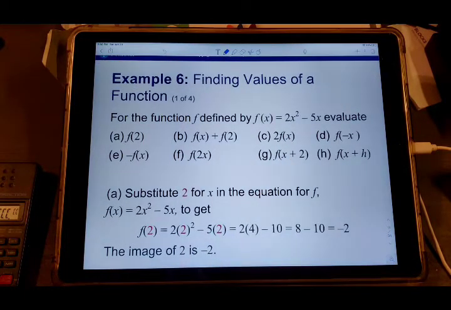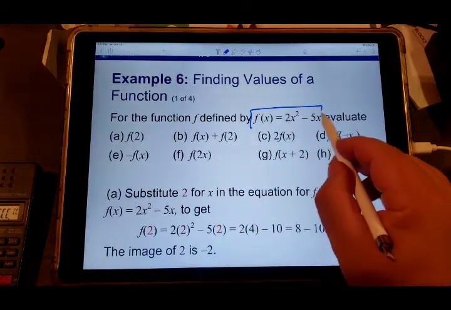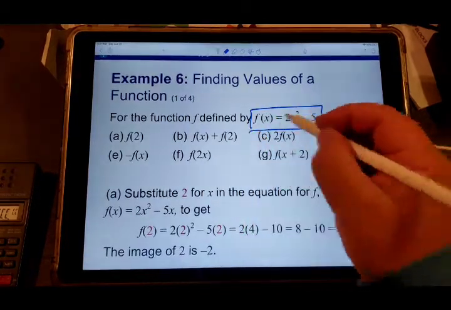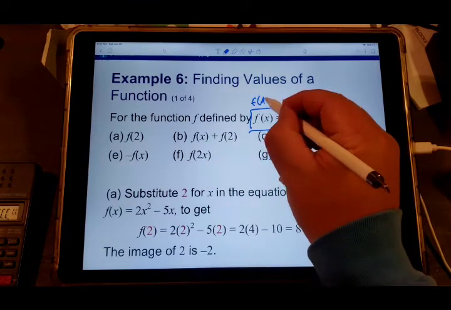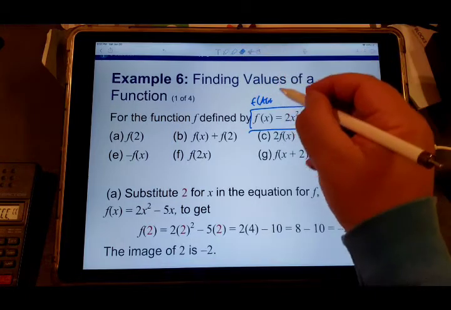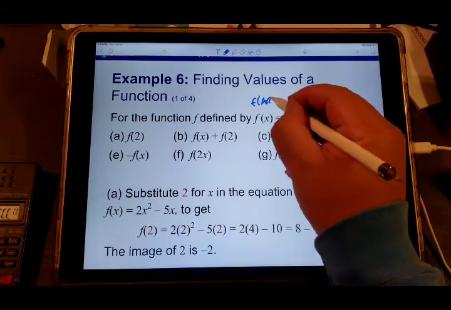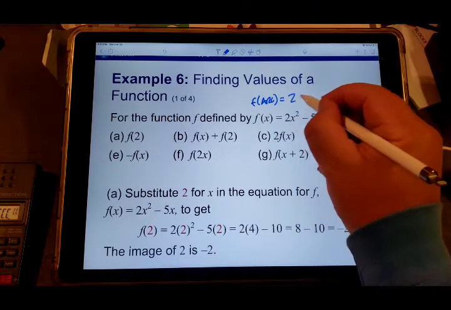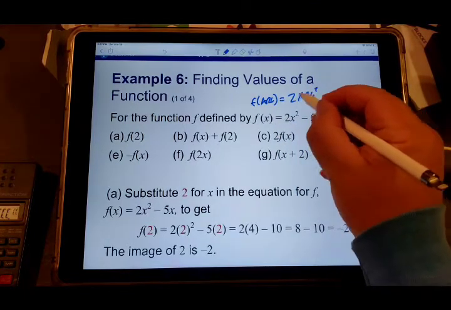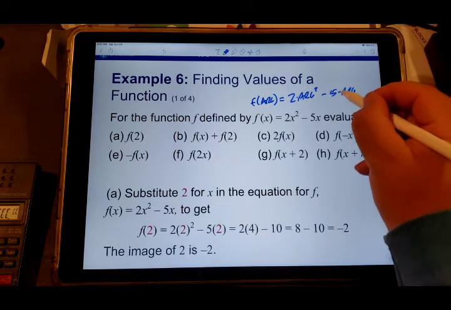Now, I want you to understand that when you see this, what it's really saying is f of any argument is 2 times that argument squared minus 5 times that argument.